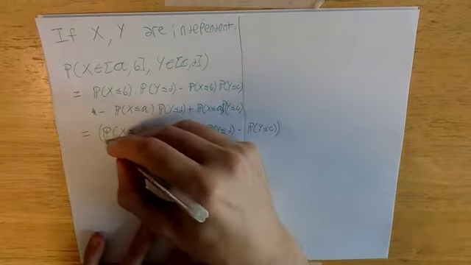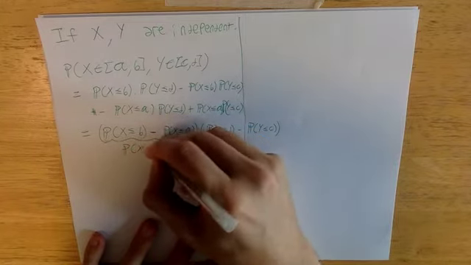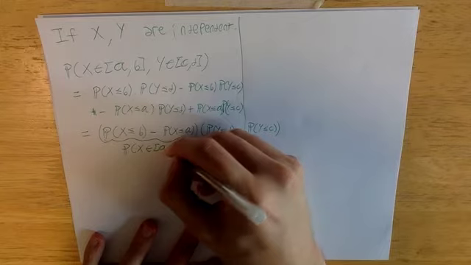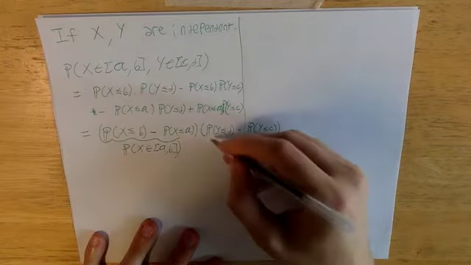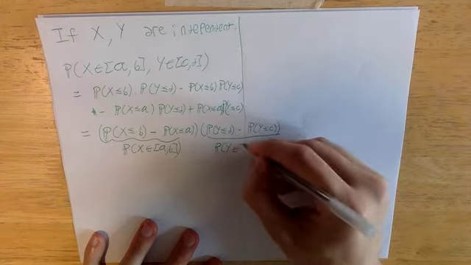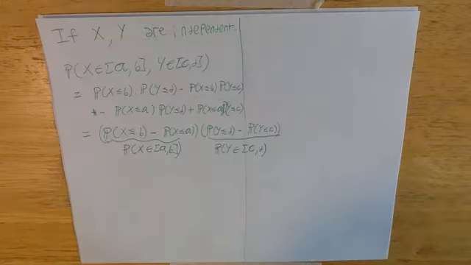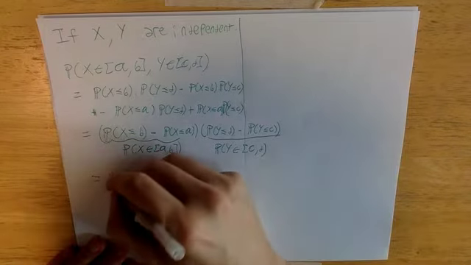But this thing here is the probability that X is in (a, b], and this thing here is the probability that Y is in (c, d].